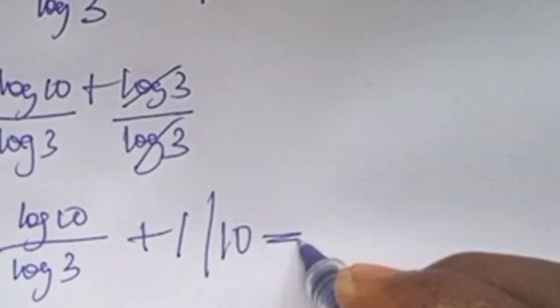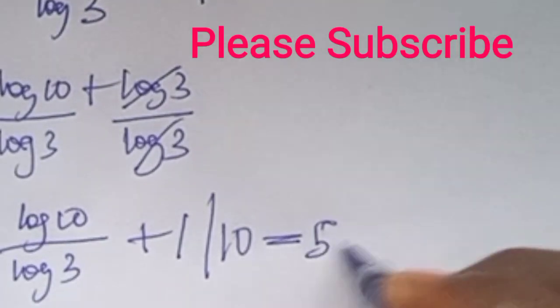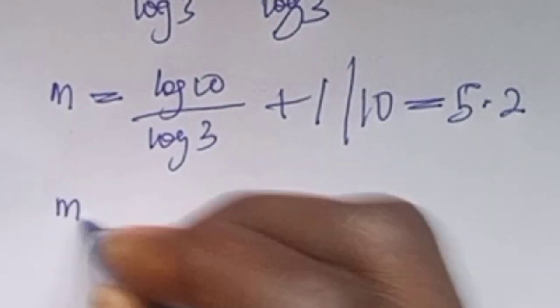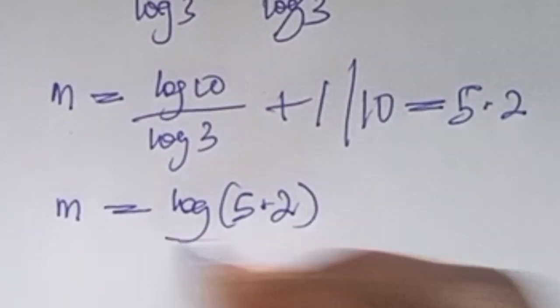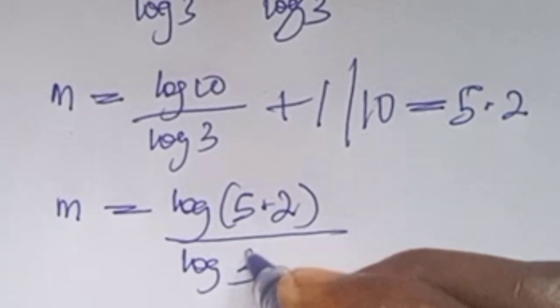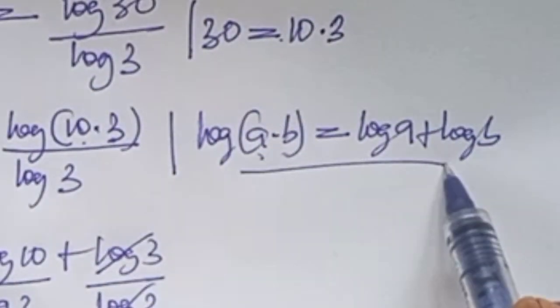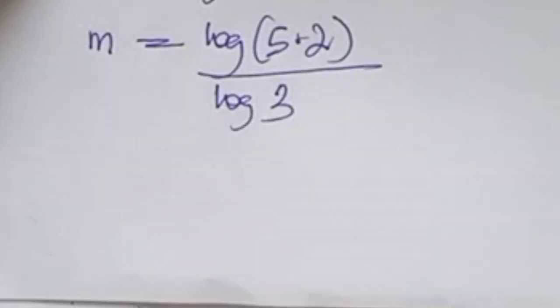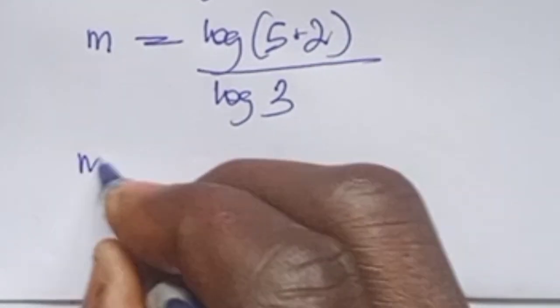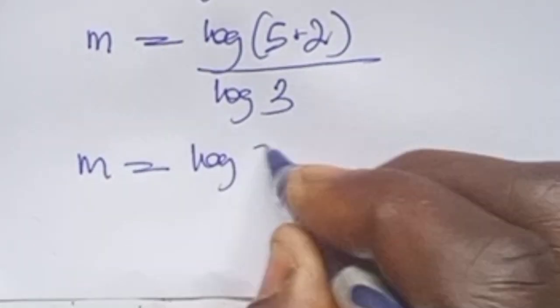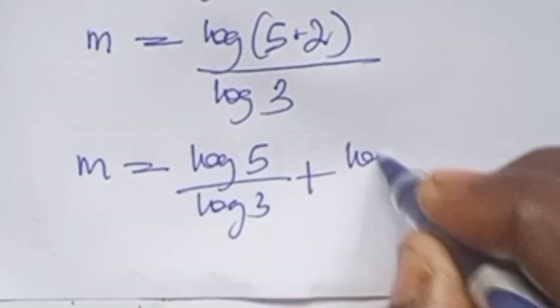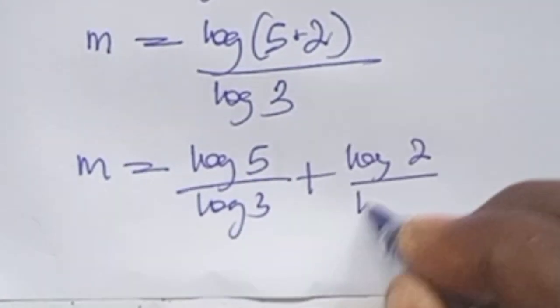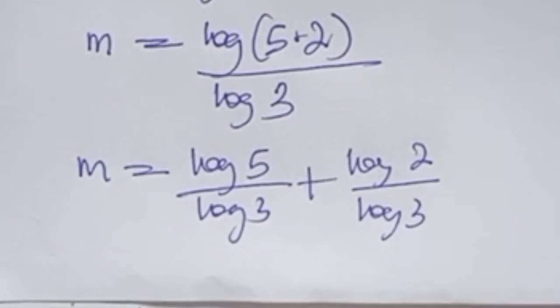But 10 also can be written as 5 times 2, so that m will be equal to log 5 times 2 over log 3. And if we implement this law, the next line becomes m equals log 5 over log 3 plus log 2 over log 3.